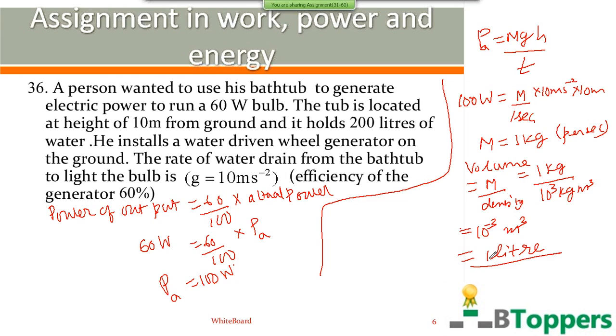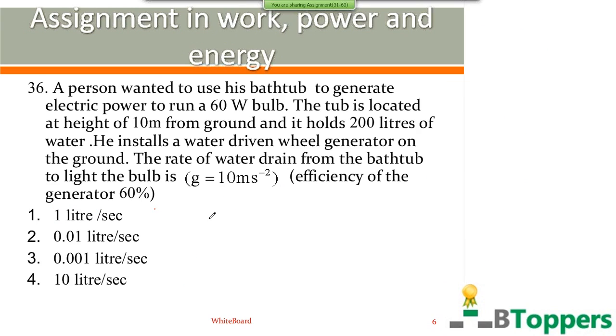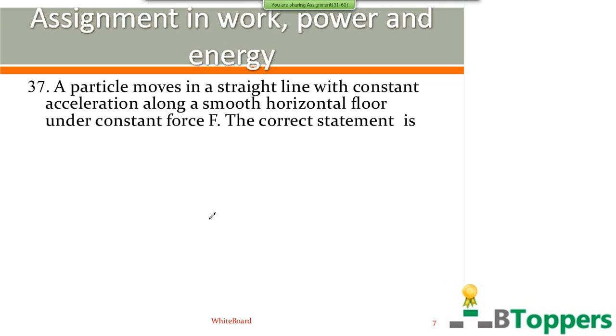That means 1 liter of water must be falling per second to generate the required power. If you want to copy the solution of the problem, you can take a pause and copy it. So for question number 36, the first option is the answer. Next, see question number 37.